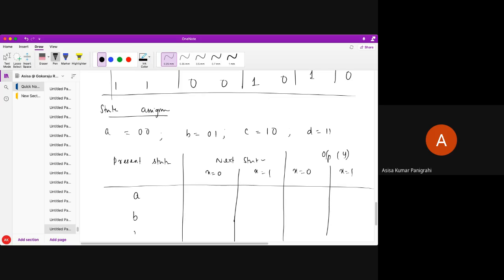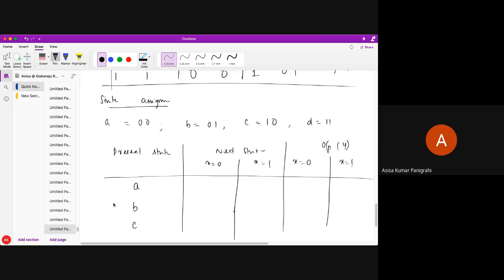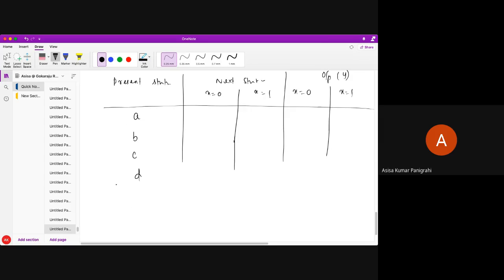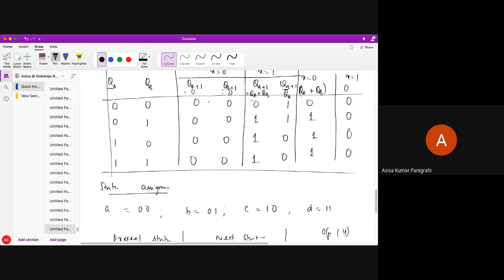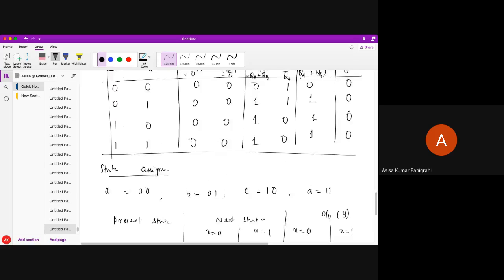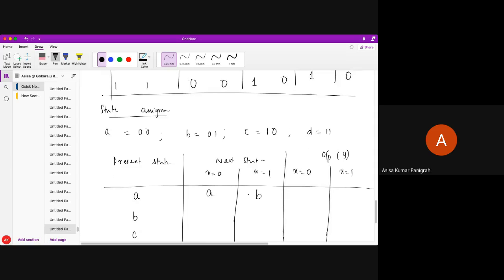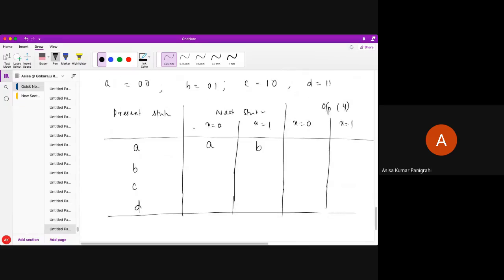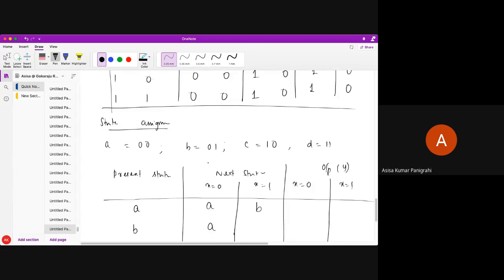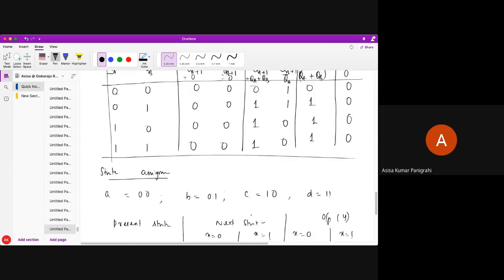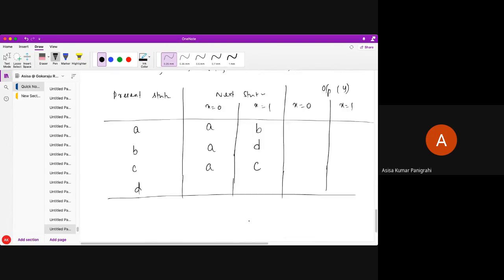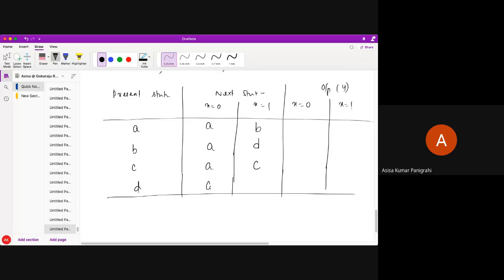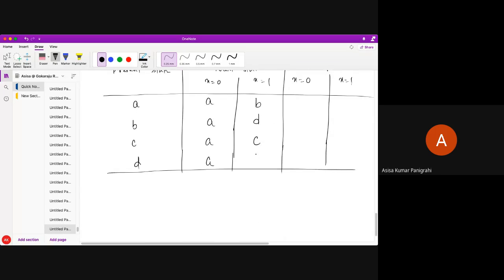A, B, C, and D. So these are my present states, A, B, C, D. For x equal to 0, what is the 00? 00 means A. For x equal to 1, 01 means B. For 00, this is A. Next, 11 means D. 00 means A. 10 means C. Next, 00 means A. Next, 10 means C.